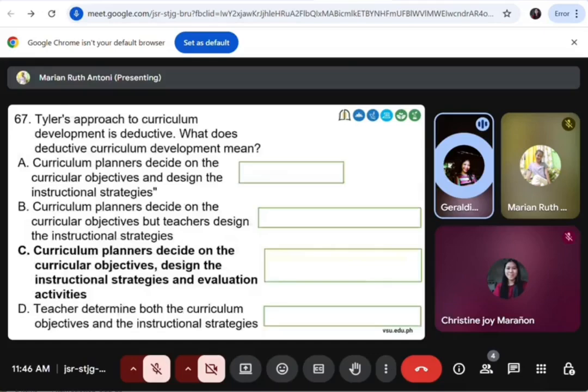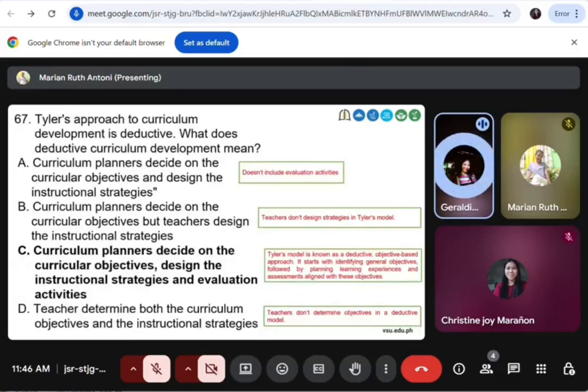So letter A is not the correct answer because it doesn't include evaluation activities. Letter B is also not the correct answer, because teachers don't design strategies in Tyler's model. And also not letter D, because teachers don't determine objectives in a deductive model.